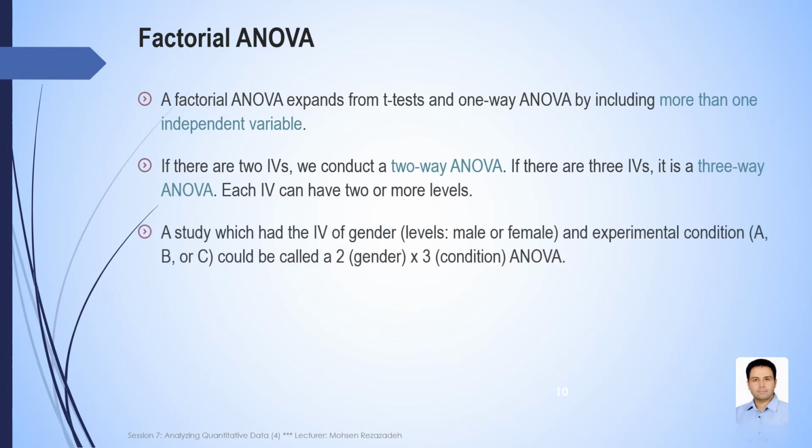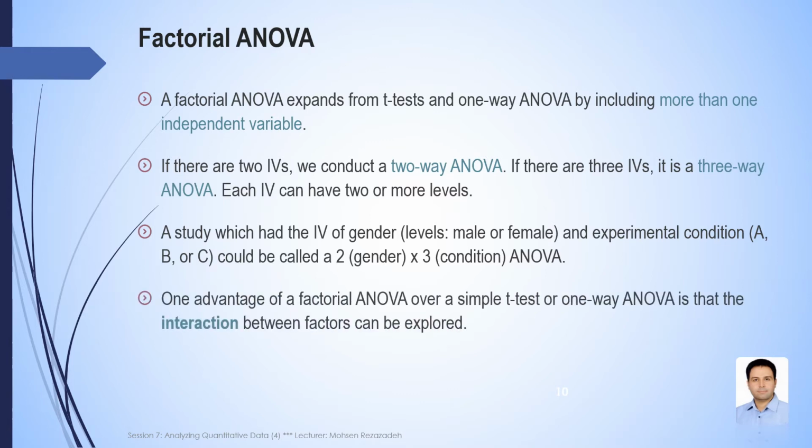A study which had the independent variable of gender, for example, there are two levels, male and female, and experimental conditions, three levels, A, B, C, could be called a 2x3 ANOVA. That is, we have two independent variables, the first of which has two levels, 2, and the second 3, 2x3 ANOVA.